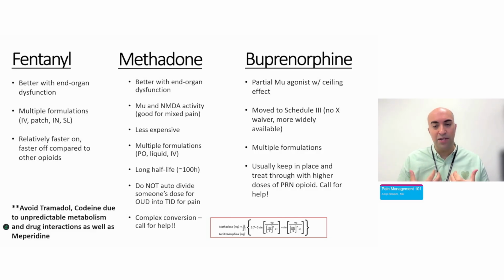Most of the time on the inpatient side where I am, depending on the situation and the syndrome and the length of stay, we often keep the buprenorphine patch in place and treat through it with higher doses of PRN opioids. Again, get support from your colleagues. We encourage you to avoid tramadol, especially in your geriatric population, given some of the interactions with other medications.